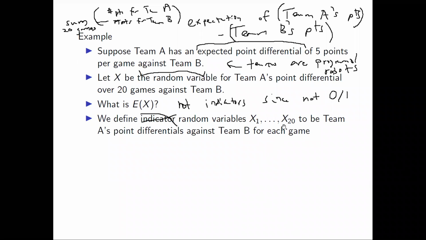So these random variables, x1, x2, up to x20, they will be Team A's point differentials against Team B for each game.